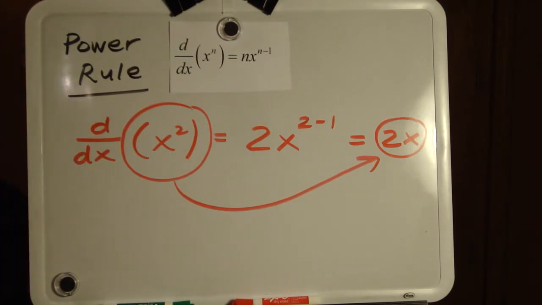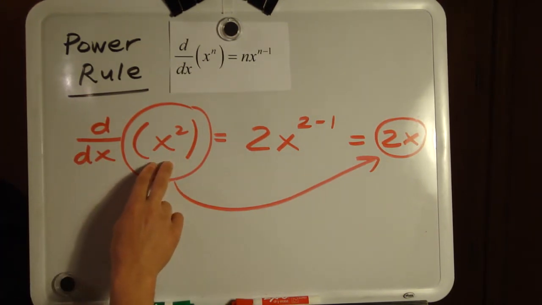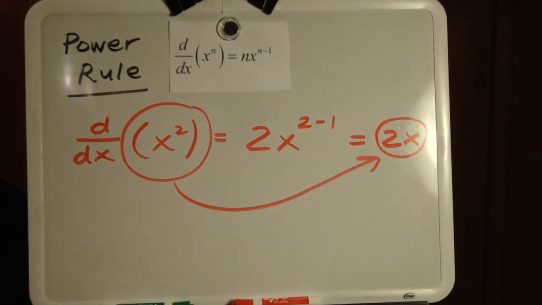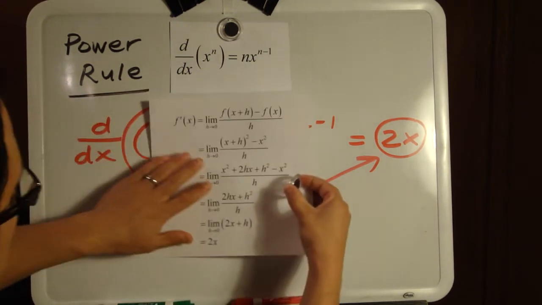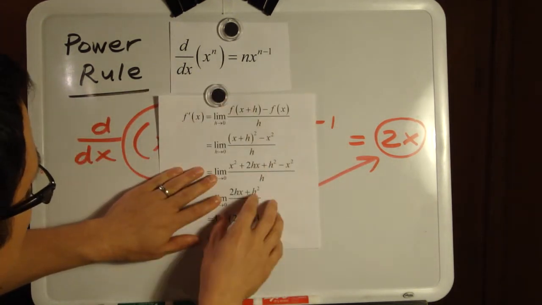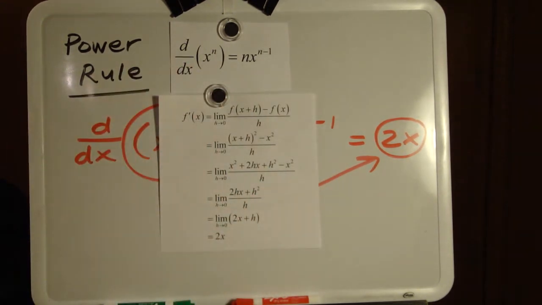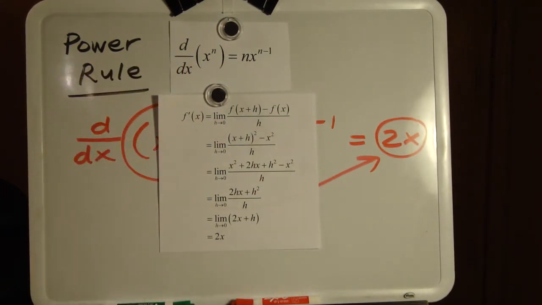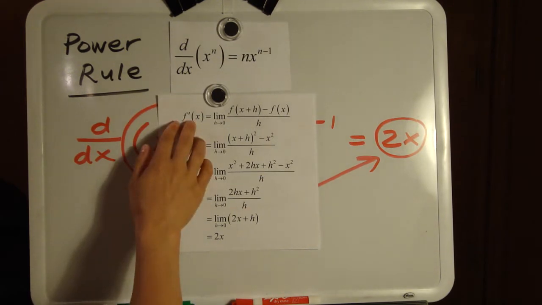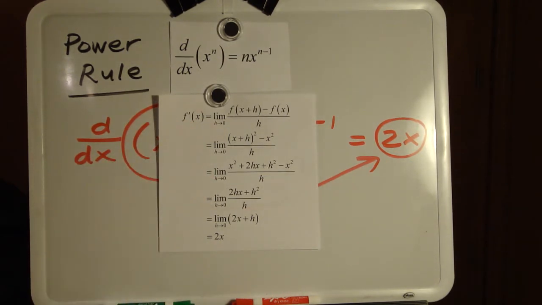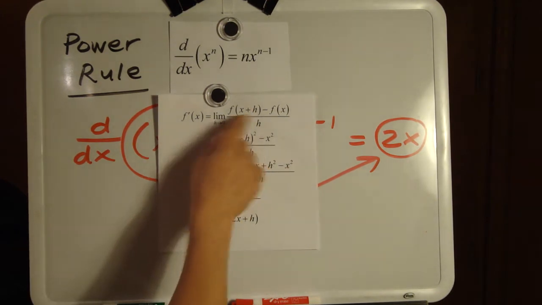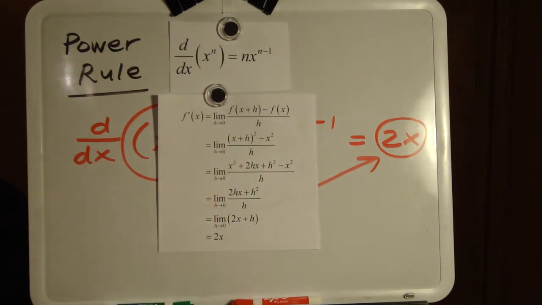So I think something important to remember to look back on is that finding the derivative of something like this is very time-consuming. So if we quickly look at the older way of doing this, this is just to remind you that the power rule is a good thing, because we can see how this is really a shortcut to this method. So when you think of the squaring function, this was the older way of doing things, right? To use the derivative definition, the x plus h definition, and letting h go to 0.